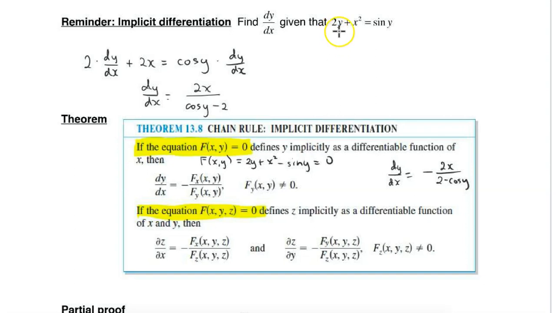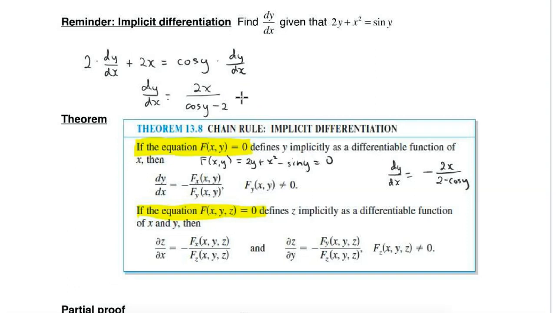So 2y, the derivative is 2 times 1 times dy/dx, and sine y, the derivative would be cosine y times dy/dx. x squared, no problem, is just 2x. So after we get there, we can group dy/dx, factor it out, and divide by everything else, and we get dy/dx equals 2x over cosine y minus 2.